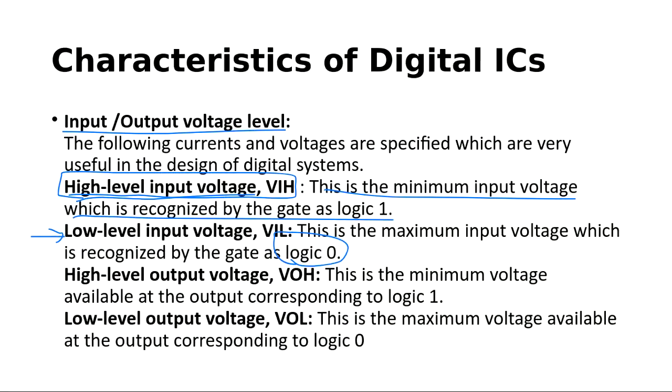Similarly, high level output voltage means if the voltage is high, then it will understand that this is logic level 1. There are only two levels, 0 or 1. The low voltage it will understand as 0, and high voltage it will understand as 1.